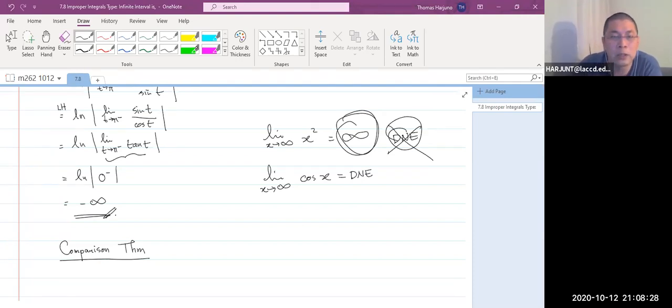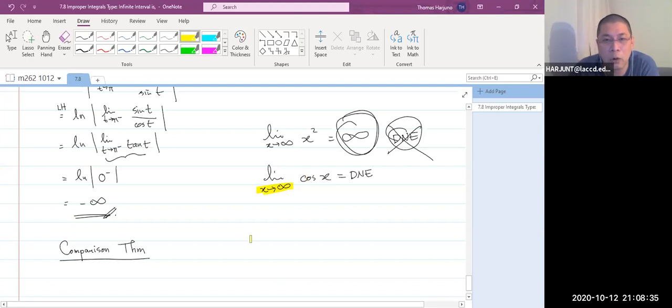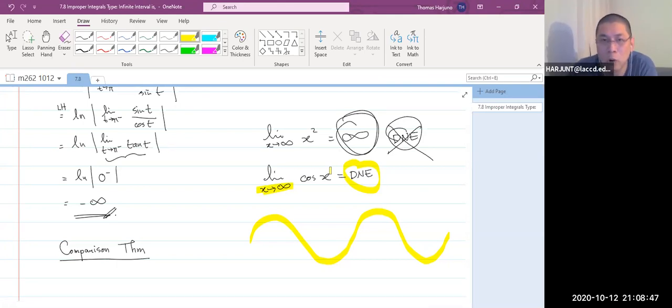The problem is, since your x does not stop anywhere, your cosine x is oscillating between -1 and 1 indefinitely. Now, from here, we say does not exist. Therefore, it is divergent, but not in the sense of infinity or negative infinity. Okay?